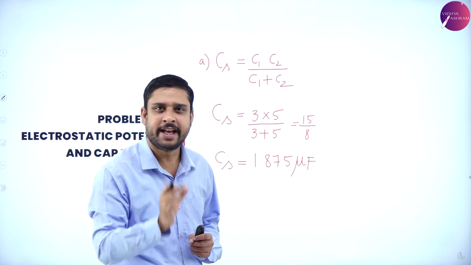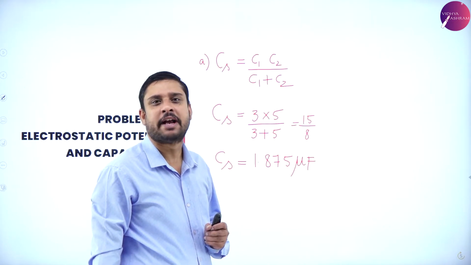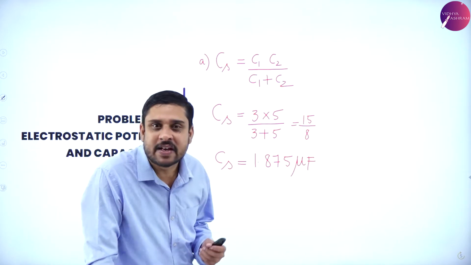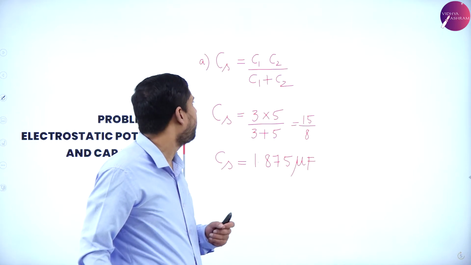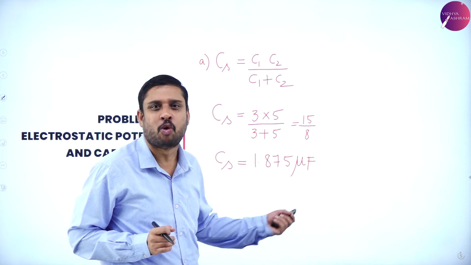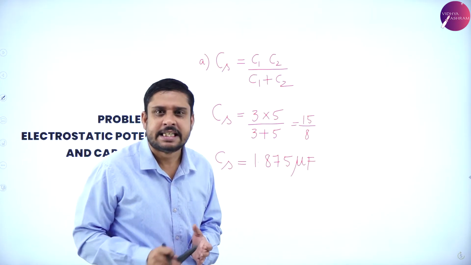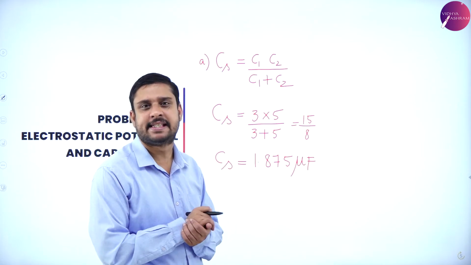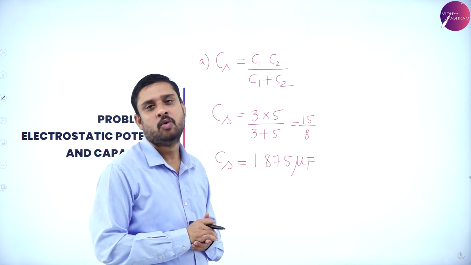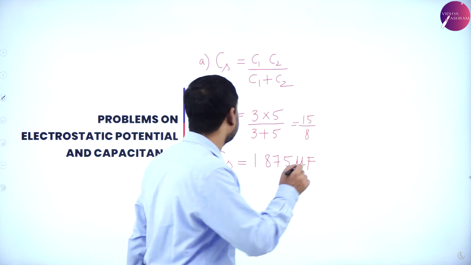If you just know the expression for effective capacitance, either when connected in series or parallel, it is very, very easy for us to score 2 marks here. Next, as we did, charge on each capacitor should remain the same. Why? They are connected in series.